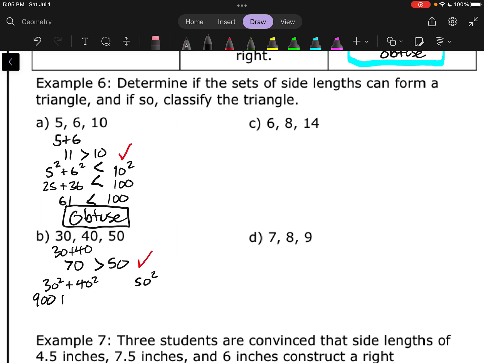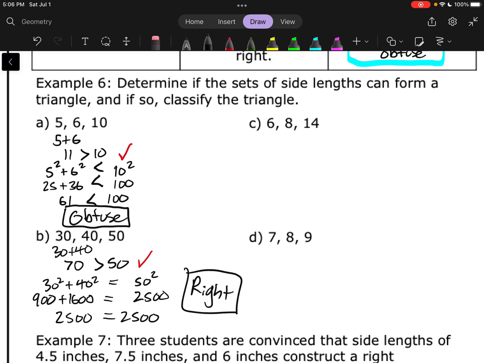That's 900 plus 1600, which is 2500. So 2500 is equal to 2500. So if a squared plus b squared is equal to c squared, that means it's a right triangle.